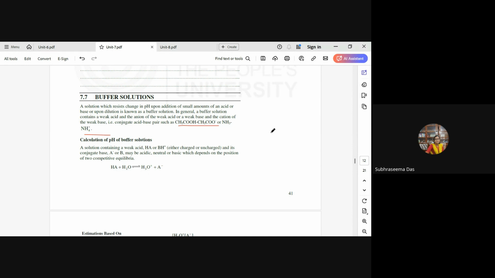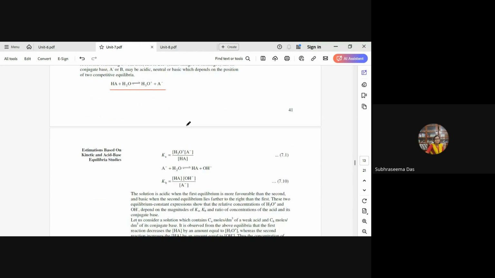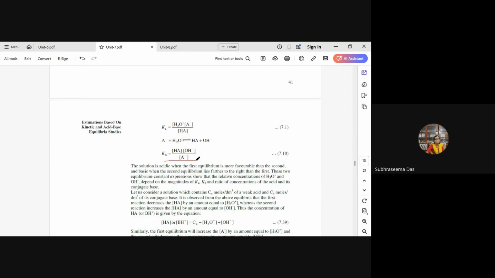Now how can we calculate the pH of a buffer solution? Let us consider a solution containing a weak acid and its conjugate base. It may be acidic, neutral or basic depending upon the competitive equilibria. So for this equation, HA plus H2O forming H3O plus and A minus, Ka has been found to be this.